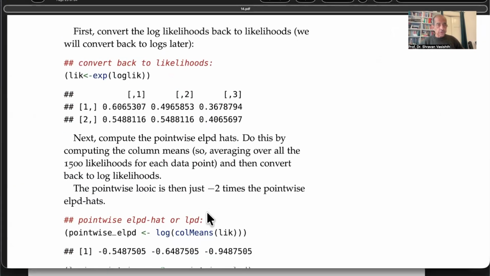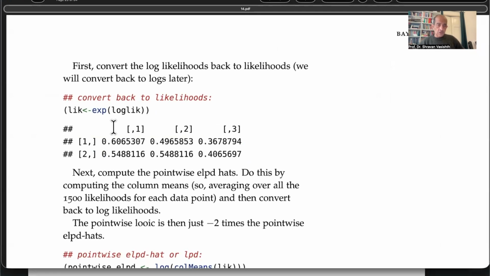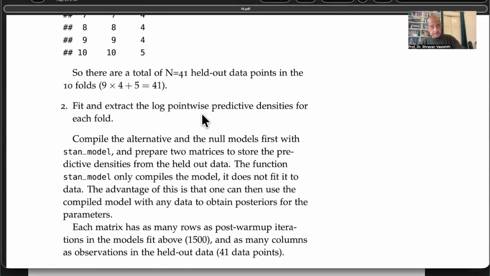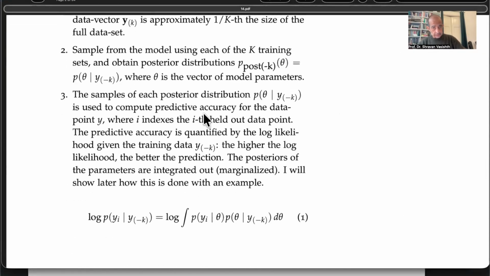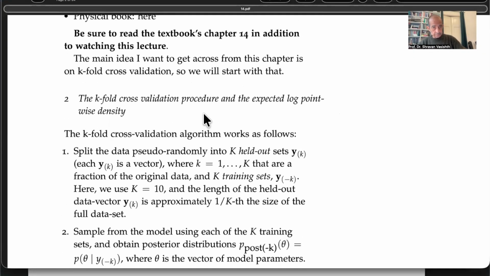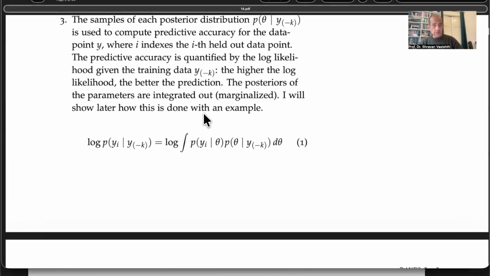So what we're going to do is first we convert the log likelihoods back to the original scale. Okay, we're going to go back to densities. Why is that? Just remember at the beginning of the lecture I had said this. If you look at this code here, we are working with the likelihoods, but Stan provides us with log likelihoods.